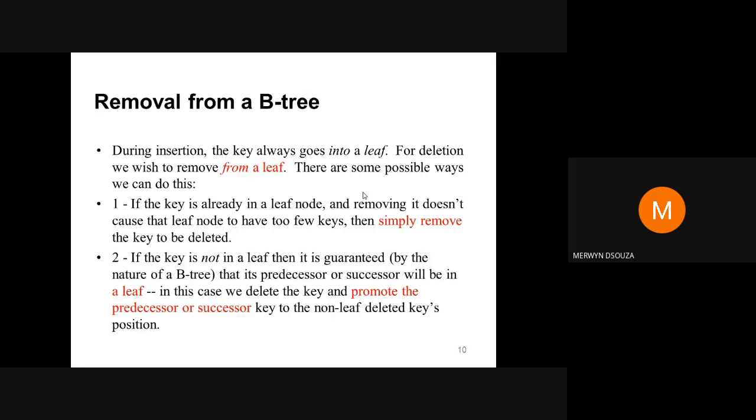If its predecessor or successor is in the leaf node, then we delete the key and promote the predecessor or successor in place of the deleted key's position. Depending on how you are writing the program, you can promote either one.